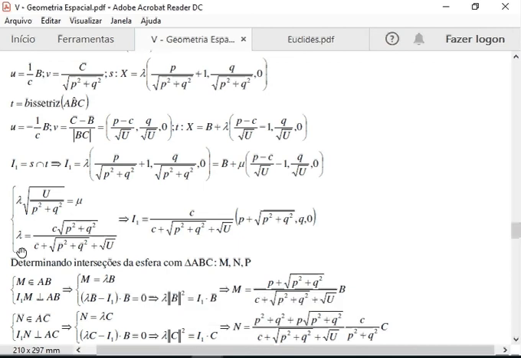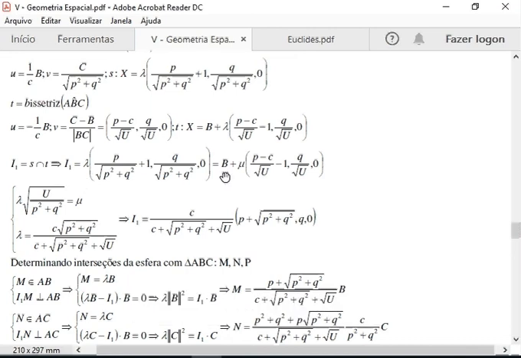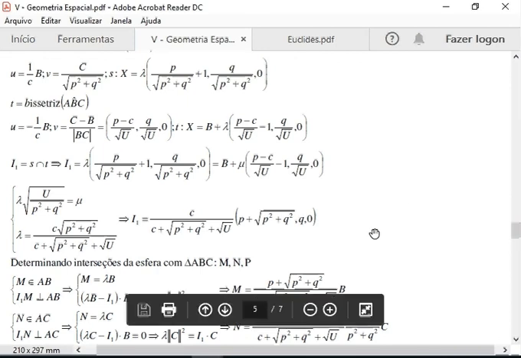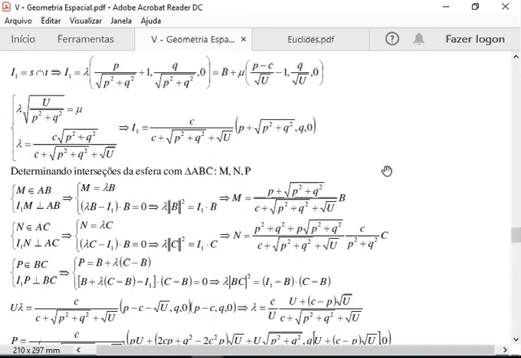We conclude that I1 is this. Not new. We have already done this before with numbers. Now general numbers, variables, parameters. Let the computer calculate for you.